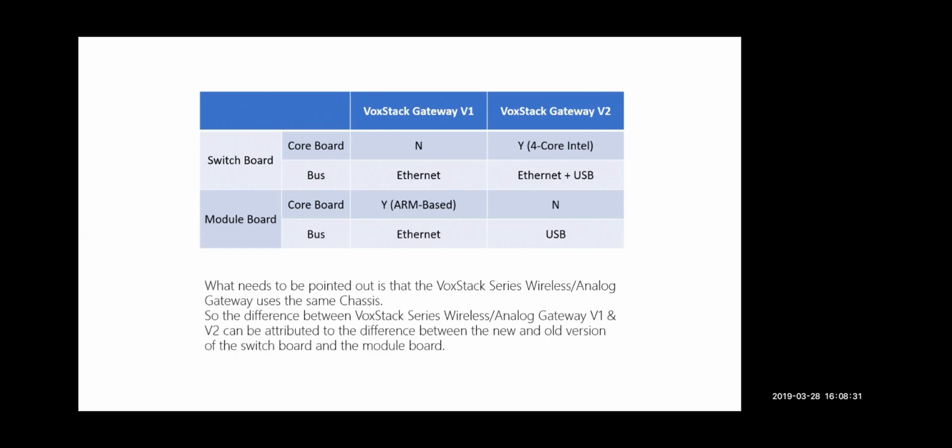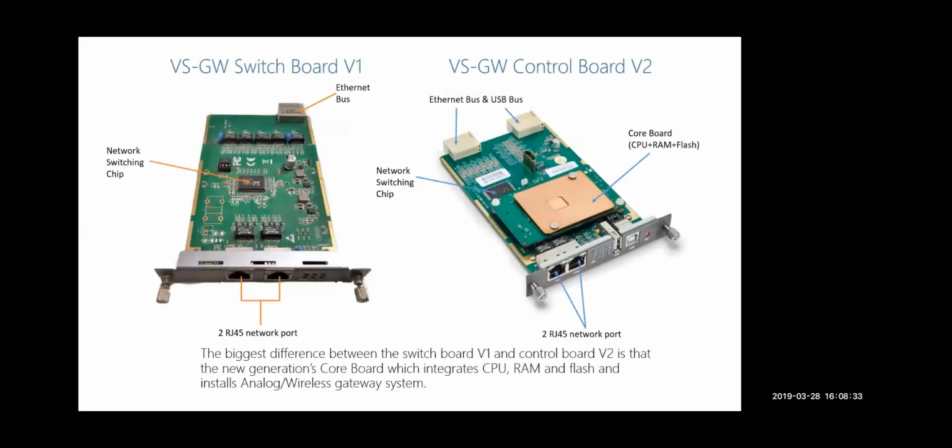So next, we will compare the switchboard V1 and the control board V2. The biggest difference between them is the core board, which integrates CPU, RAM, flash, and the analog or wireless gateway system. Besides, on the back of the control board, adds a USB hub chip.